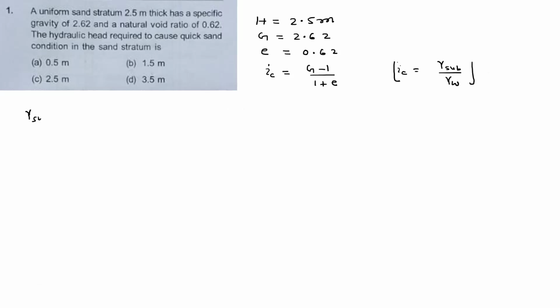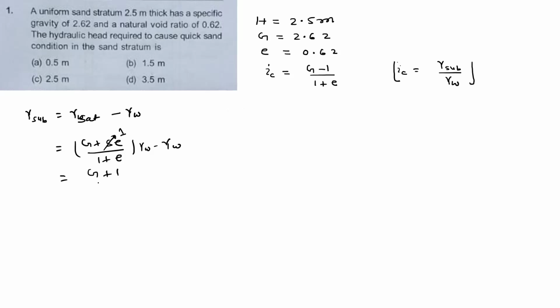Gamma submerged is equal to gamma saturated minus gamma w, and gamma saturated is (G plus Se) divided by (1 plus e), in the saturated case S is equal to 1, into gamma w minus gamma w. Take gamma w common out.